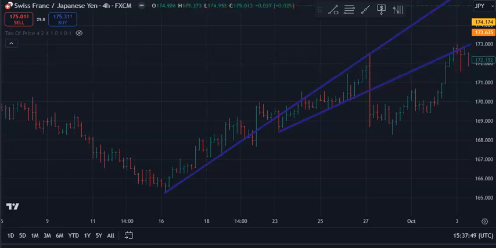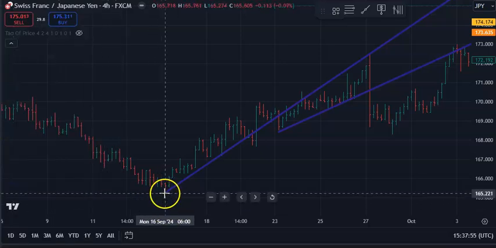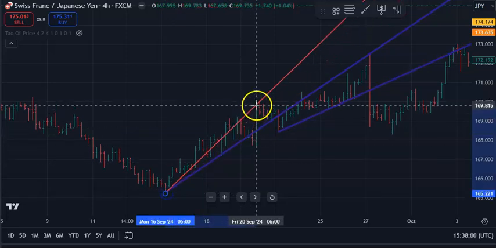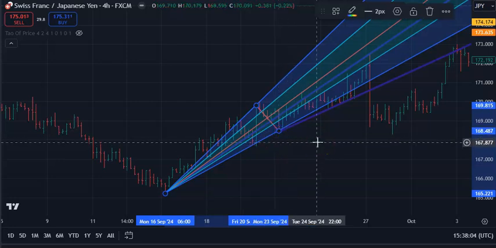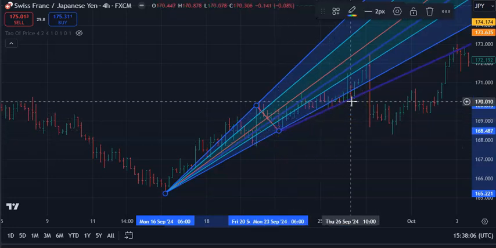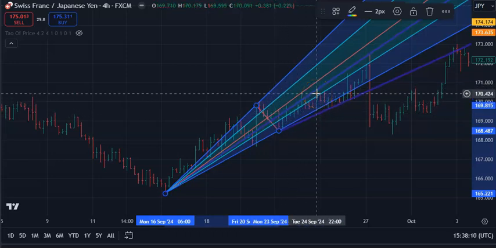I don't really use them, so let's see if I can find one. Yeah, I got a pitchfork fan right here. So the pitchfork would say you use a low, you use a high, and you use a low. Basically, it's coming up with the same trend line that I have. This point right here is the meridian line, right?